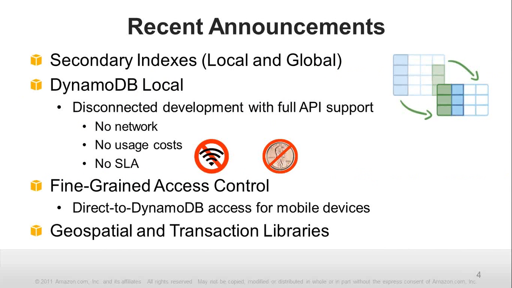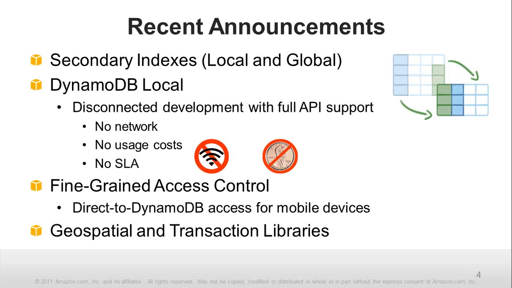Now, a few recent announcements we've had during the latter part of the year for DynamoDB. Just a quick recap. And the top point here, secondary indexes, is going to be the focus of obviously this session. So I'll leave that to Siva. And other things you may or may not be aware of, DynamoDB Local is an offline, laptop-style development environment where you can build and test your applications without being connected to a network and, of course, without paying any throughput costs.